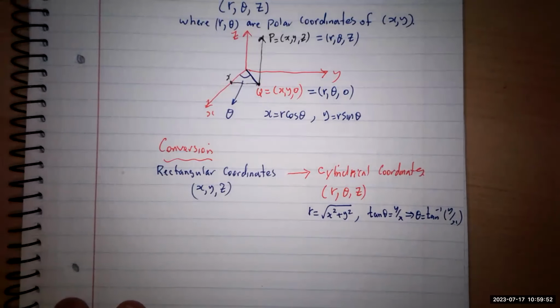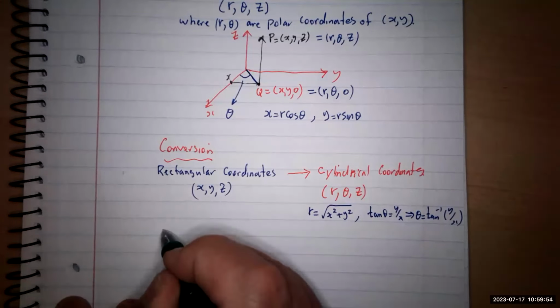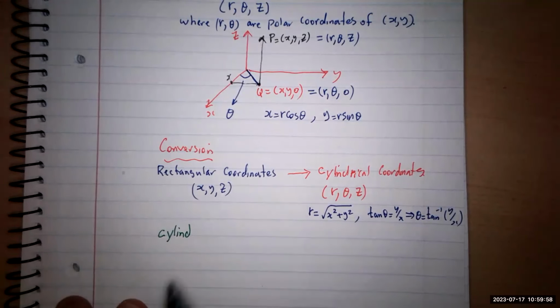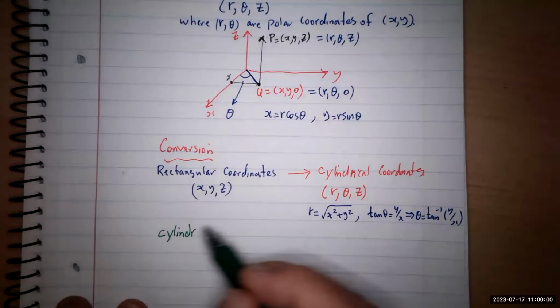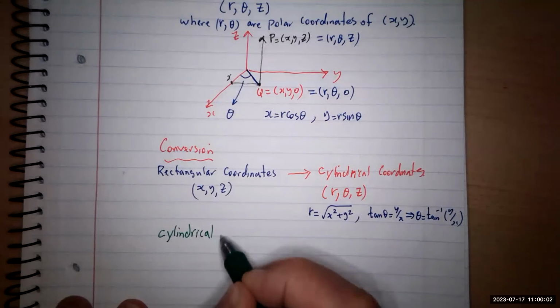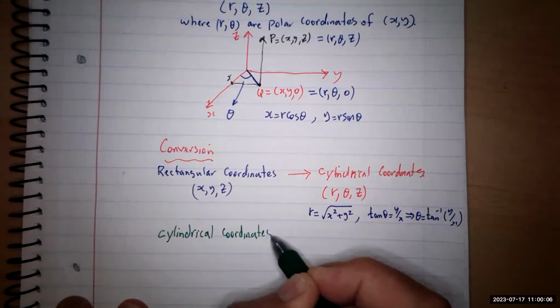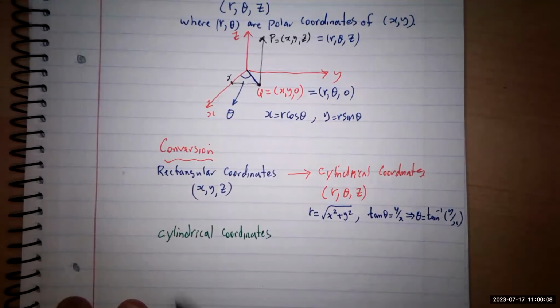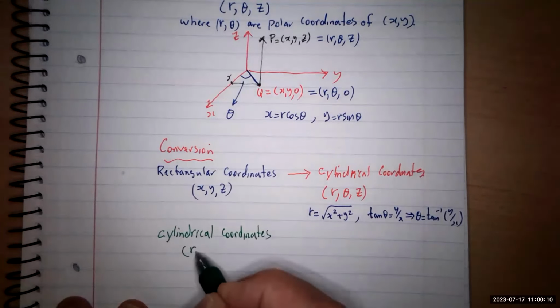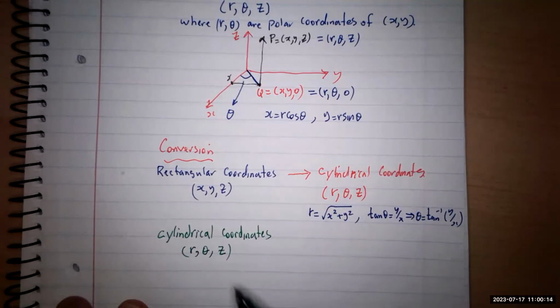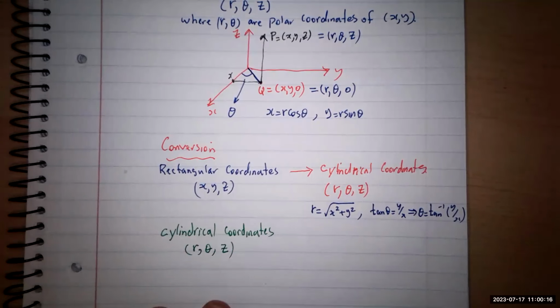Okay, the other way around, if you have a cylindrical one, you usually have the first one, cylindrical coordinates. So in that case, you have the r, theta, and z. This is the way you're going to be given, and you are going to read it.